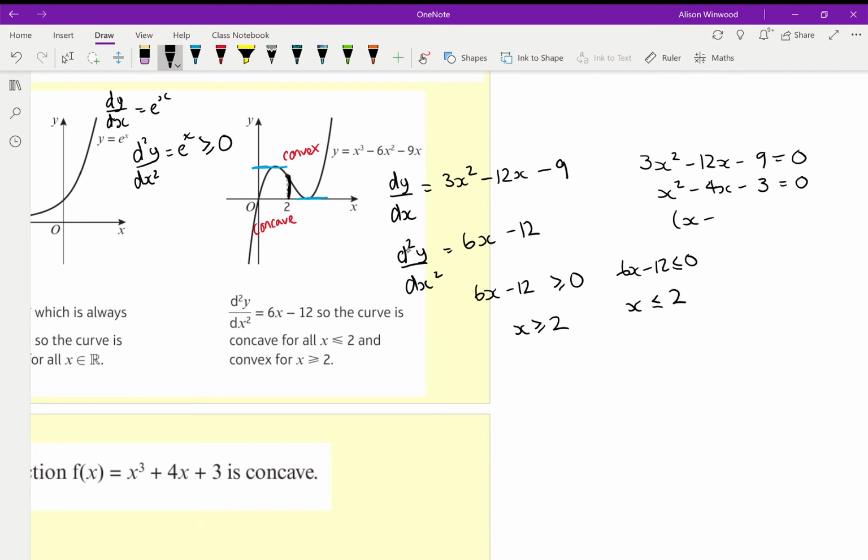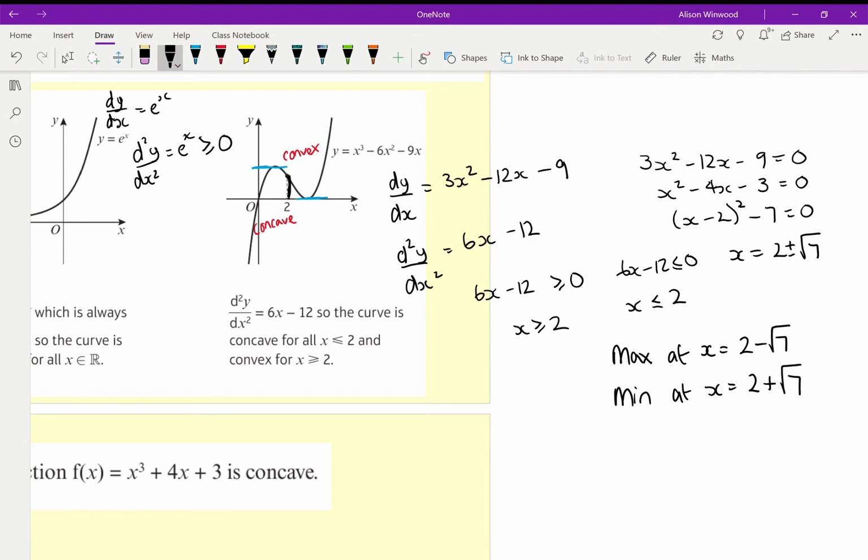So x subtract 2 all squared subtract 7 equals 0. So x equals 2 plus or minus the square root of 7. That gives us our max and min point. So our max will be at x equals 2 subtract root 7, and our min will be at x equals 2 plus root 7. And the point in between is 2.